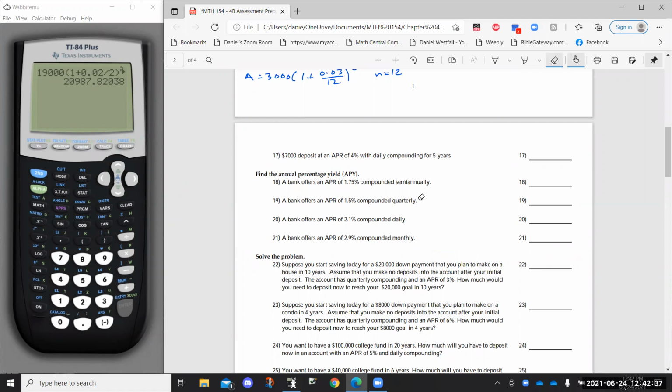17 is another one of these. I'll just do the setup here real quick. But this is going to be my A is going to be 7,001 plus 0.04 over, and this is daily, so that's going to be 365 days in a year to the 365 times 5. That is a ridiculous amount of compounding there.